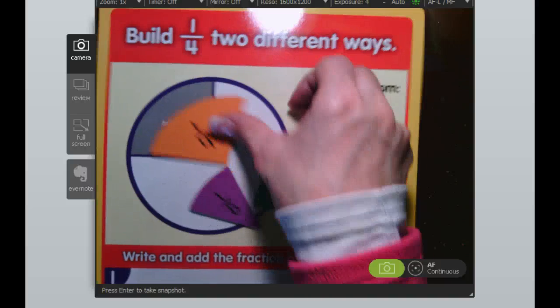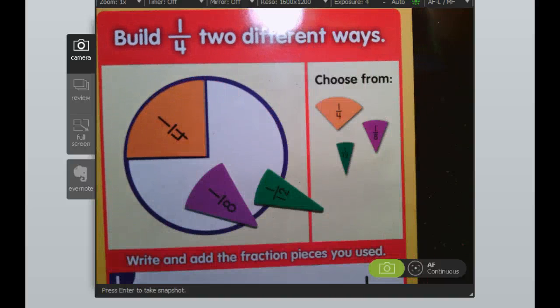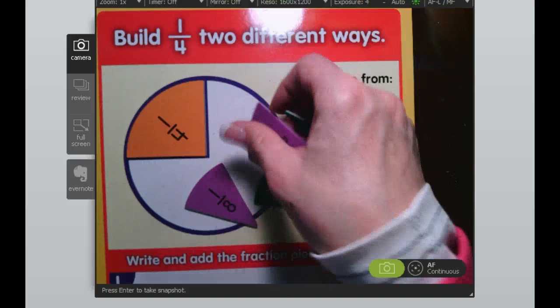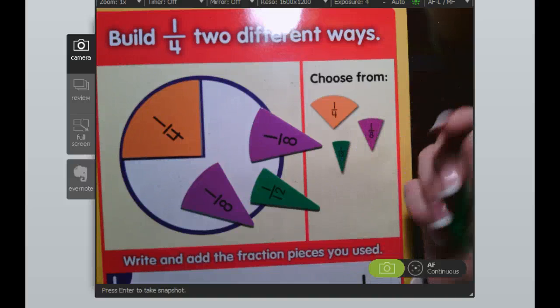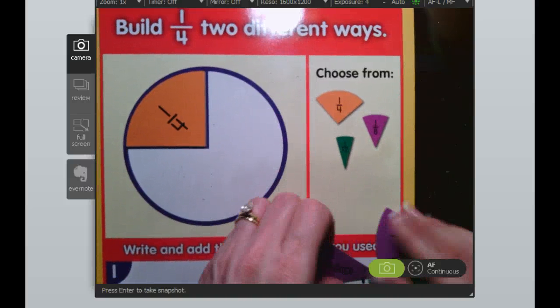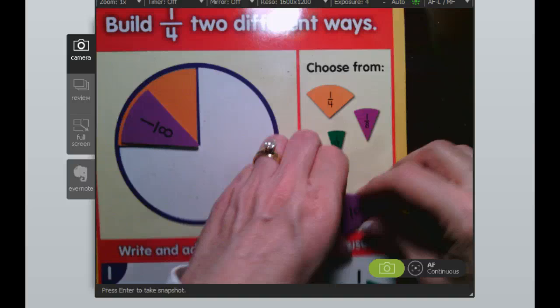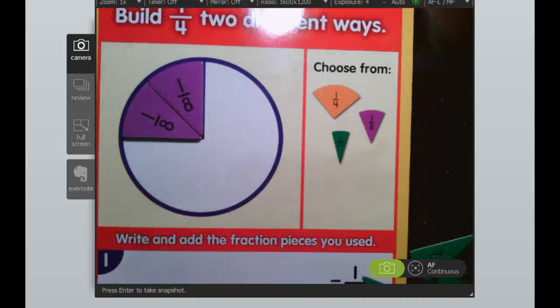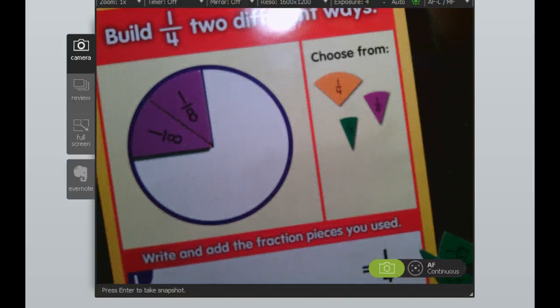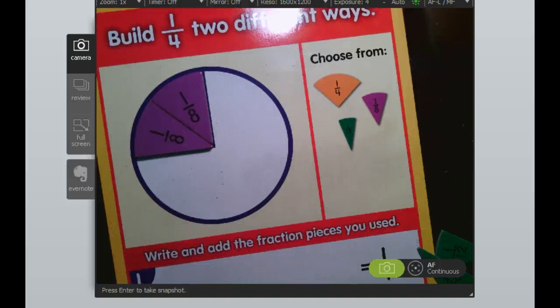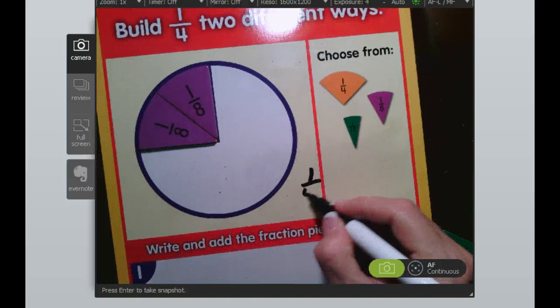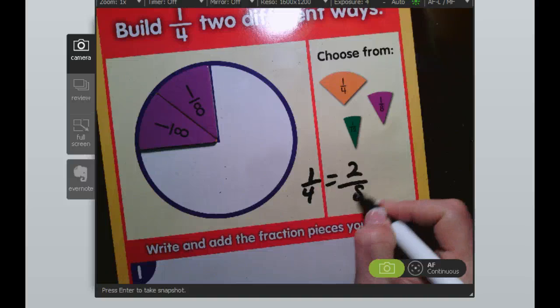And so what we want to do is build equivalent fractions that are the same as 1/4. So we need to figure out how many 8ths and 12ths it will take. So let's first use our 8ths, and we'll layer them on top. I can see that 1/4 is the same as 2 8ths.